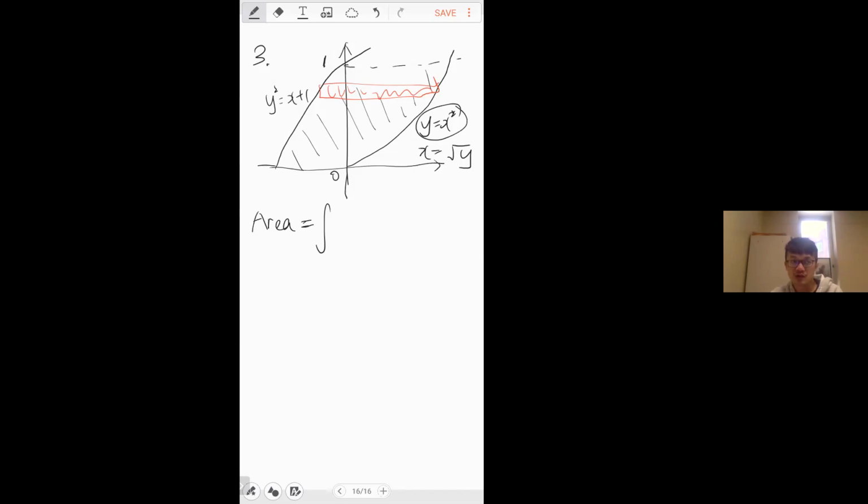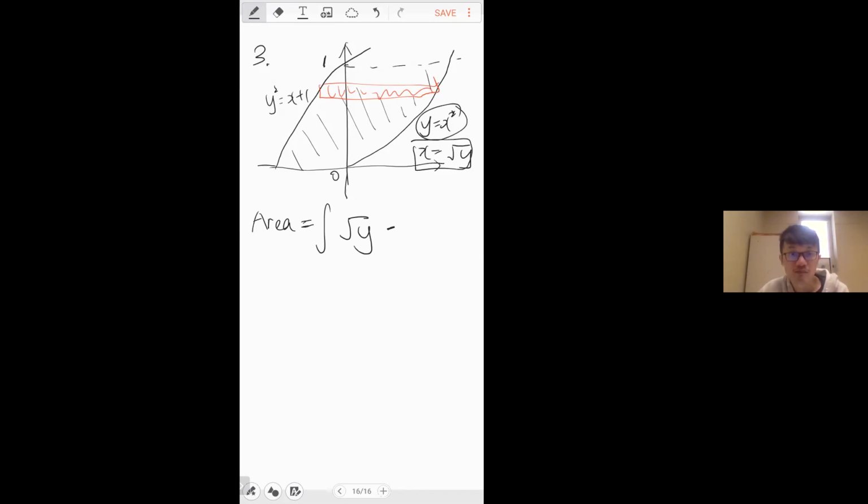Are we on the positive side of x or the negative side of x? Positive. So the right hand side is the positive part. So you take the positive square root, square root of y. This is the function that I'm going to use.